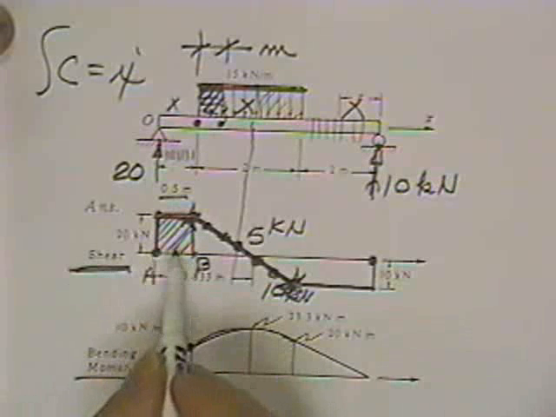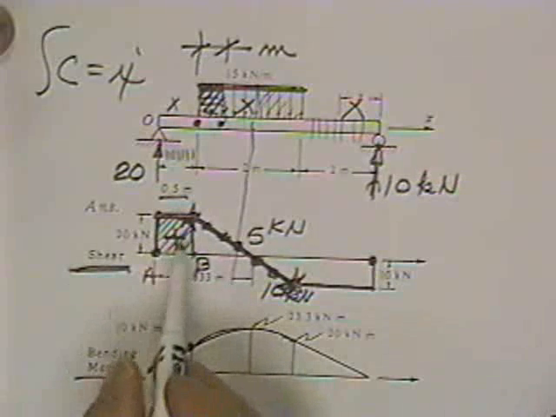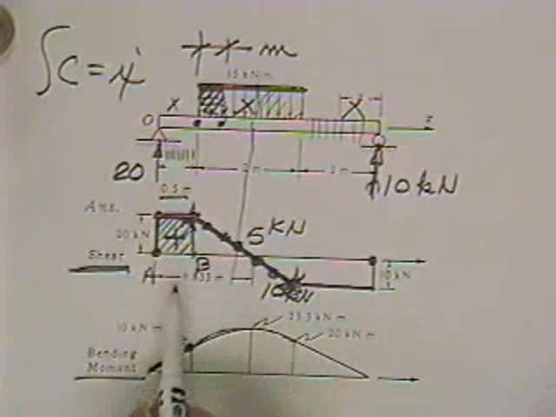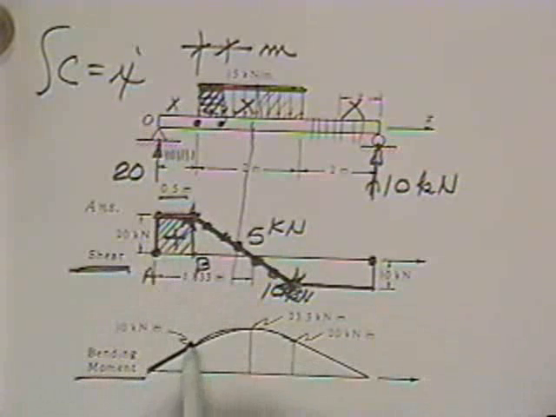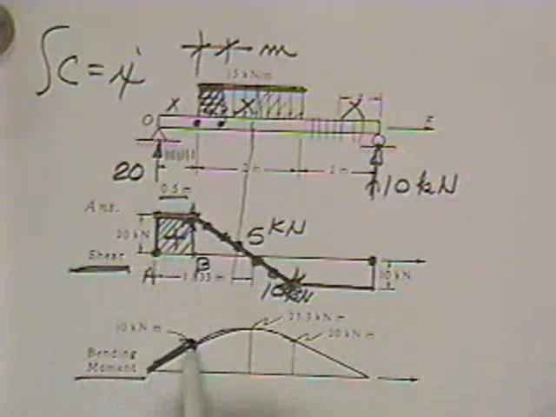So as you go from A to B, you cross a positive area. You don't have little arrows telling you which way things go now. You just have to say above the line is a positive. And you cross 10 kilonewton meters, and therefore I put a 10 kilonewton meter spot on the page. When I want to know what the line looks like, straight horizontal lines turn into straight sloping lines.